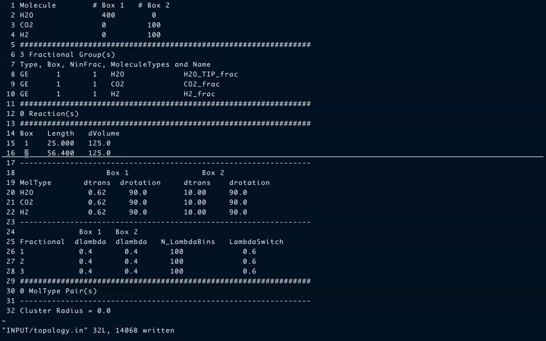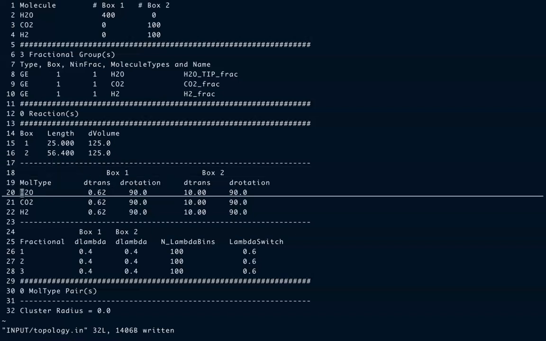Now for box 2, I choose a box length of 56.4. I choose a bigger box length because it's a gaseous phase, so it has to be more expansive. A quick estimate for the box length can be obtained by calculating the densities at the chosen pressure and temperature, and then back-calculating what the size of the box should be such that you end up with the same density at a given pressure and temperature.